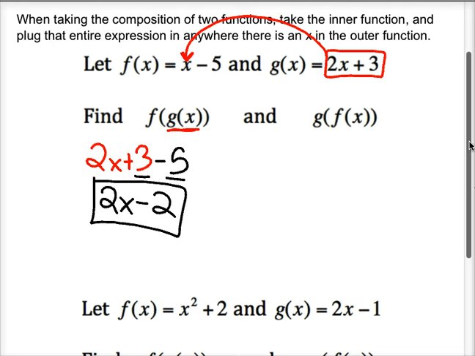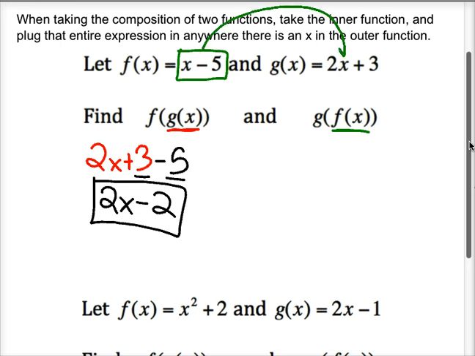All right, well, let's look at the other direction. So in the other direction, I'm starting with f of x. So I'm starting with f of x, and I'm plugging it into g. Okay, so notice this time it's a little bit different.